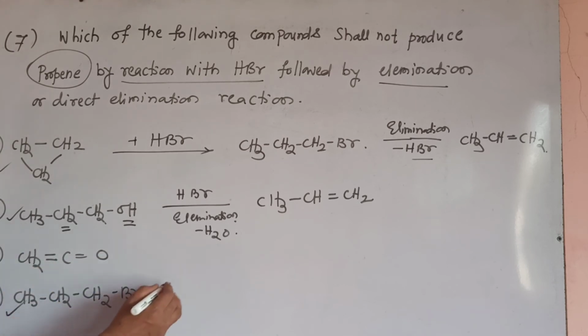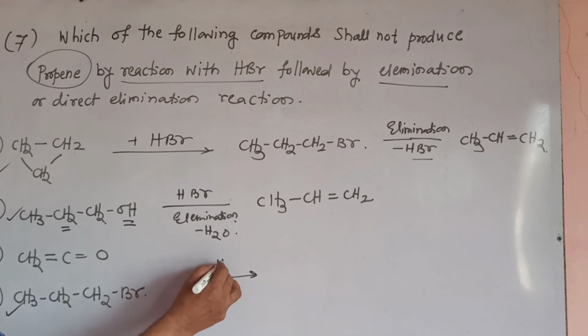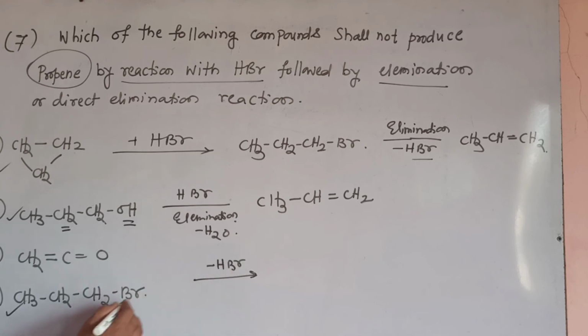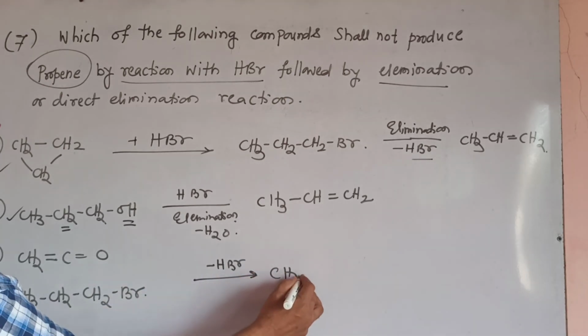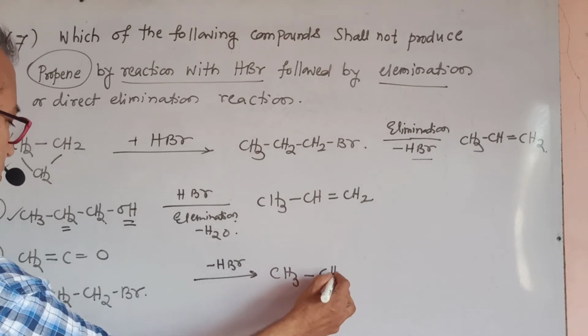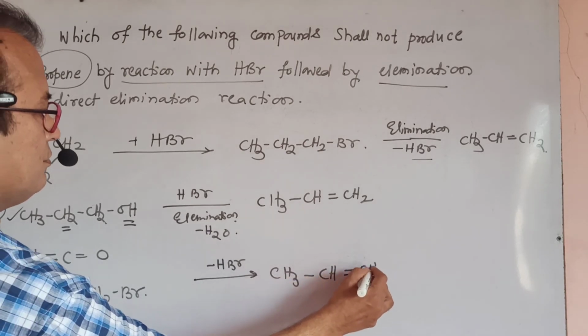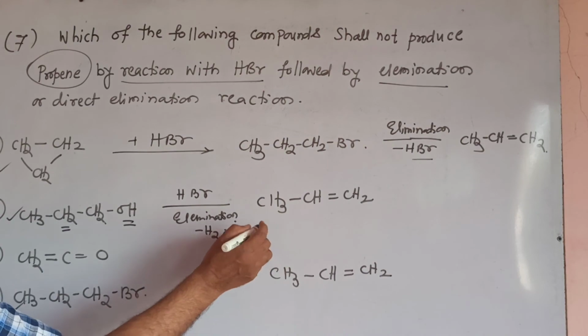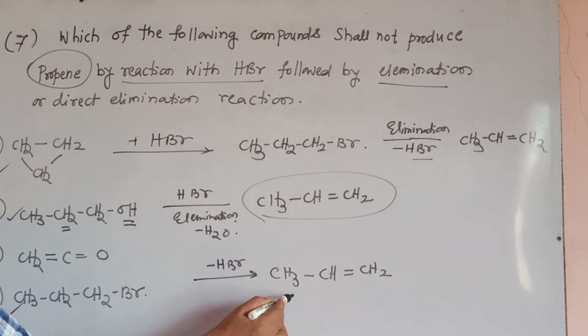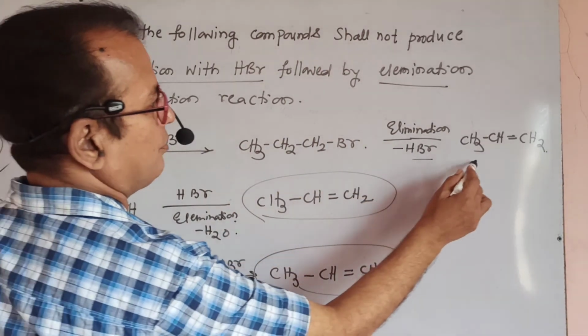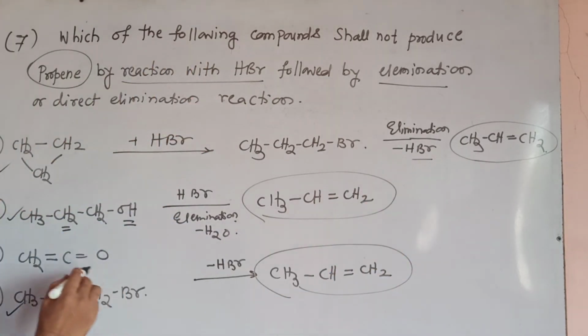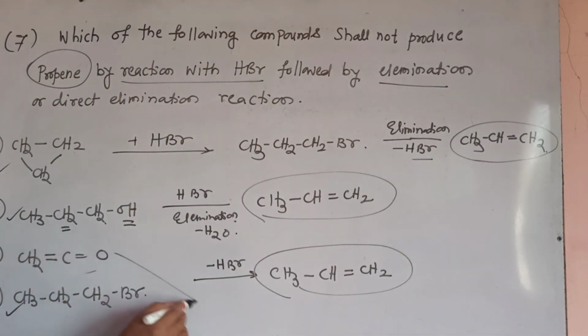Here also elimination of HBr, direct elimination of HBr, which gives CH3 CH double bond CH2. Propene is formed. By this process, propene is not formed.